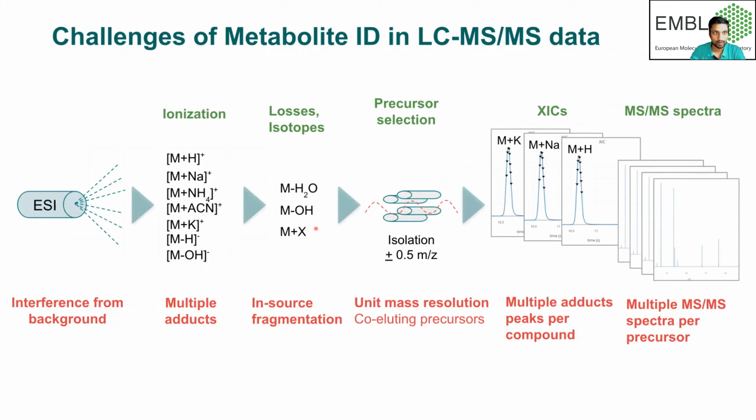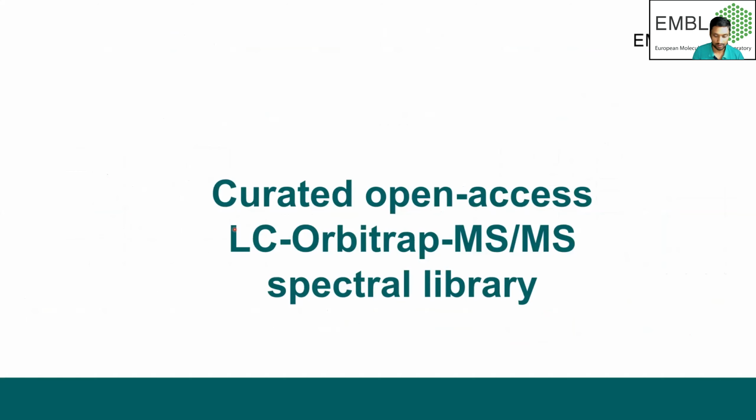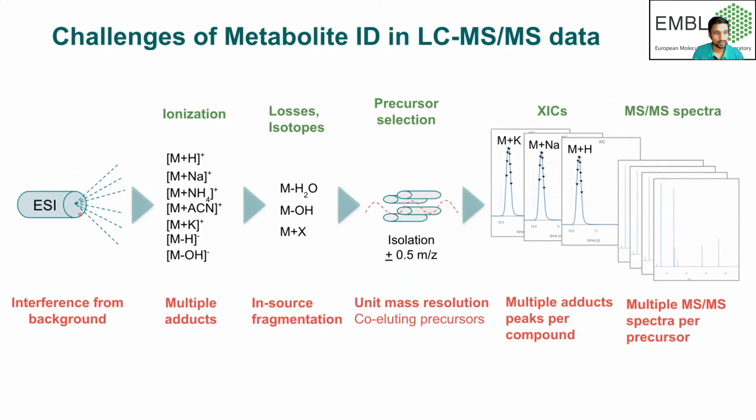So why does this issue come up? Why do we have so many peaks and so much noise? This lies in the inherent limitation of the mass spec, or electrospray mass spec. ESI is electrospray. Once it gets ionized, one metabolite is not equal to one signal.